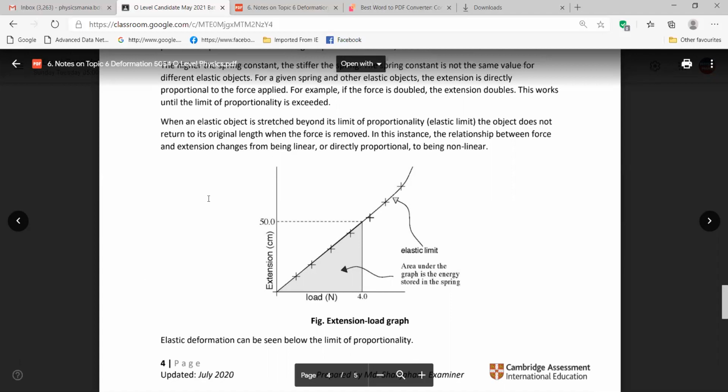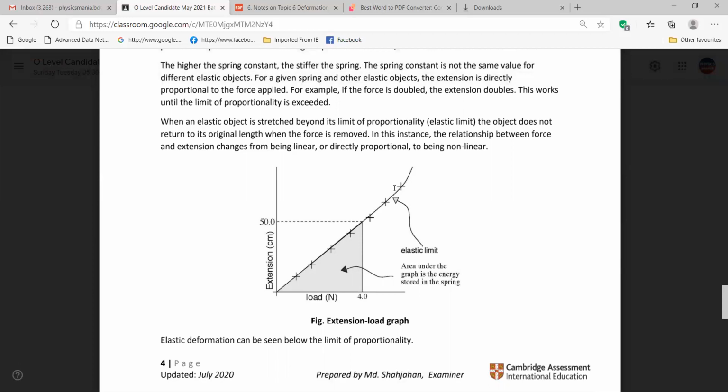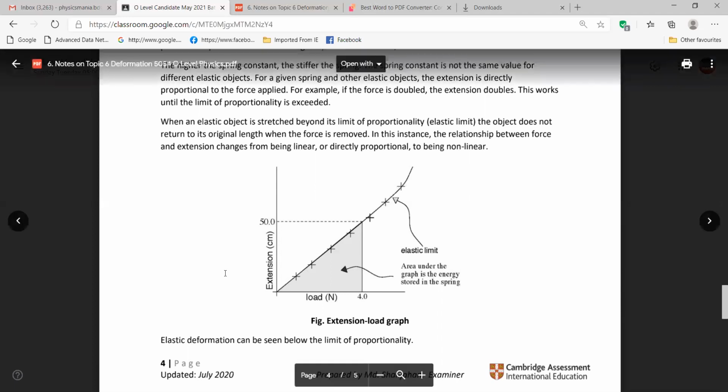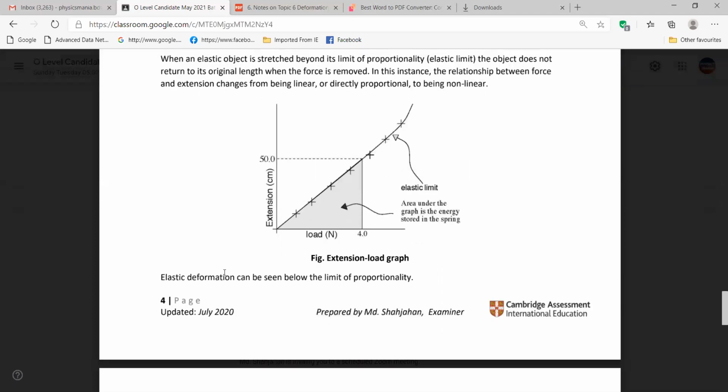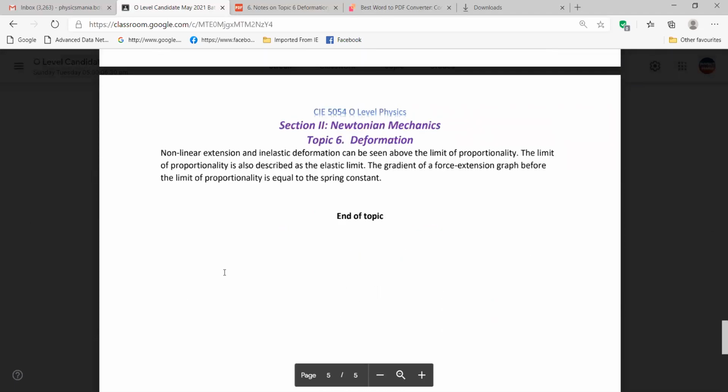So after this, we are not having any straight line, right? It's going up. Yes. So sometimes you will be asked to draw how, after elastic limit or limit of proportionality, the curve is going. You can do it, right? Yes, sir. Okay. Now the topic is over.